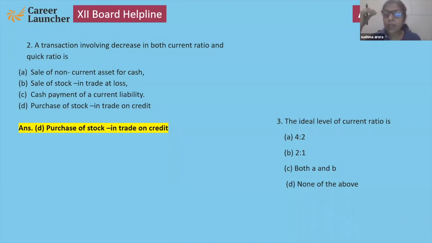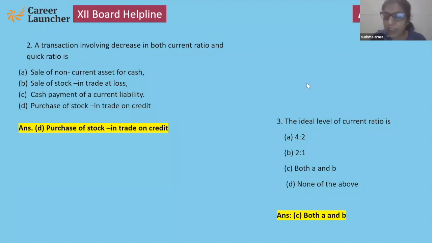So our answer will be both A and B. Because when you simplify 4:2, you will get the answer. Yes Chavi, Aditi, everyone is giving the correct answer. Very good, my dear children.